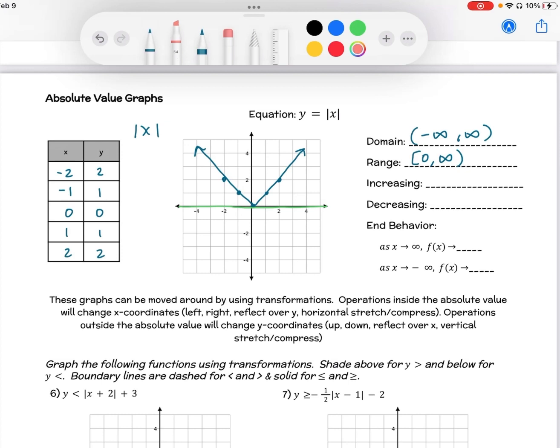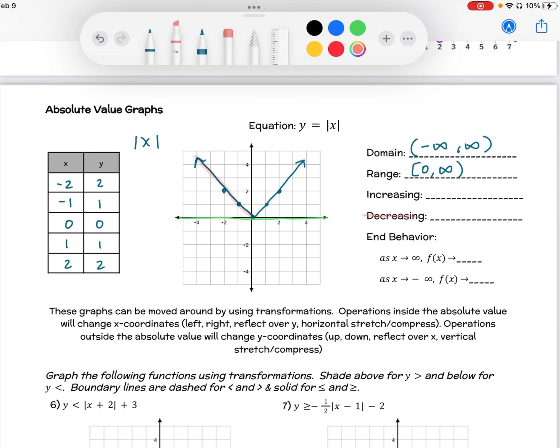All right, increasing and decreasing. I'm going to just start from the left side of my graph. If I trace this, I'm going down as I trace. So decreasing would be that left half of the graph. It would happen from -infinity, because remember we use x values, and it stops at 0. And we always use soft brackets when we're doing increasing and decreasing.